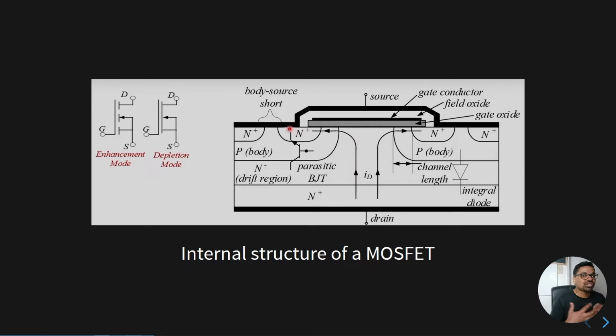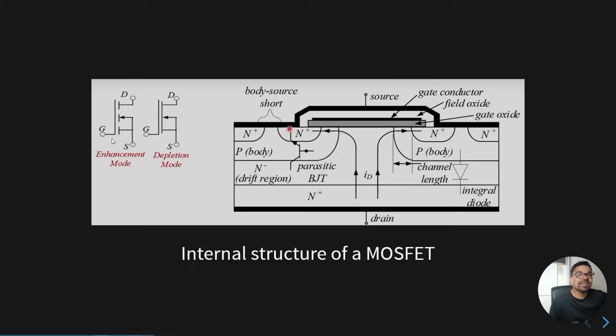So it's basically like a switch. And if you don't apply voltage at that terminal, then you have an open circuit. The three terminals of a MOSFET are known as drain, gate, and source. The controlling pin that allows you to control whether you want the MOSFET to conduct or not conduct is the gate.